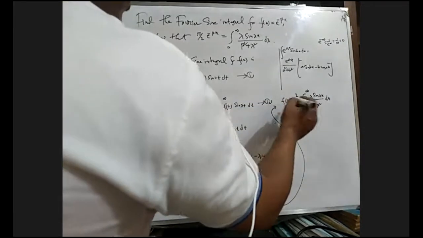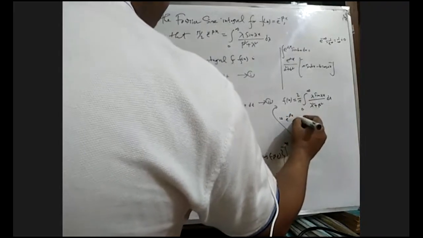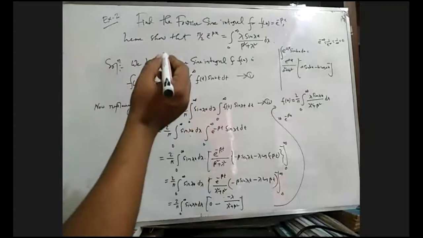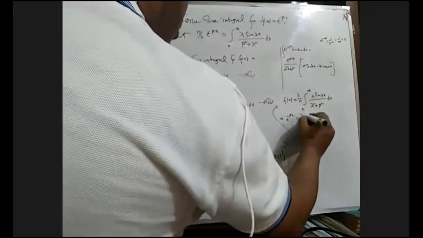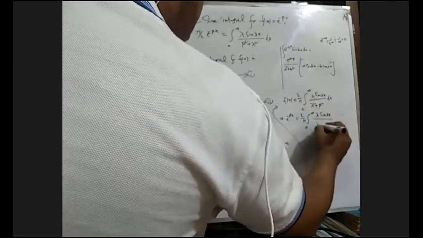Now putting the f of x here, f of x equals to what? e to the power minus beta x. e to the power minus beta x equals to 2 divided by pi, integral 0 to infinity, lambda sin lambda x divided by lambda square plus beta square d lambda.